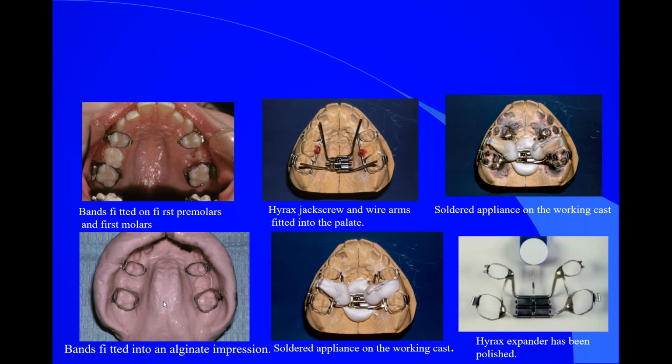Then we take an impression with alginate. A Hyrax jack screw and wire arms are fitted into the plate. Then we solder the appliance on the working cast. And here is the RME ready for use.